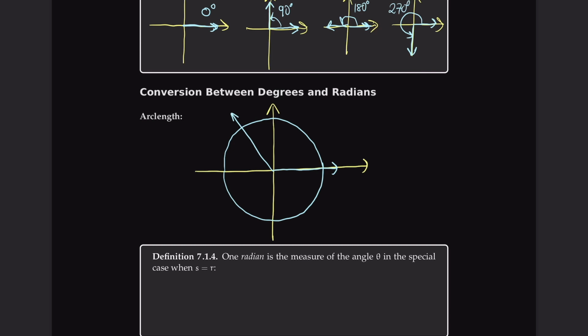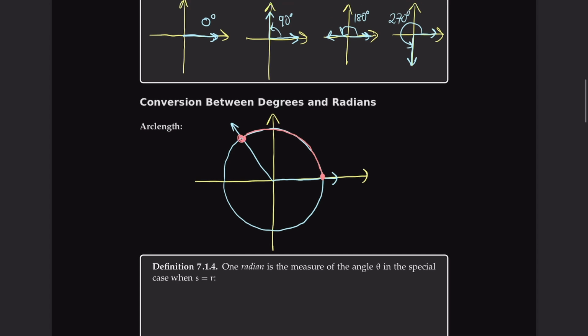Then we know how to describe that in terms of degrees, but you can also look at this as you have an arc length that starts here where the circle intersects the beginning side, goes around the circle counterclockwise, and ends where the circle intersects the terminal side. Now that arc on the circle has a length that you could measure. So if you had say a bendable tape measure, you could wrap it around there and see how long that is, and that's called the arc length.